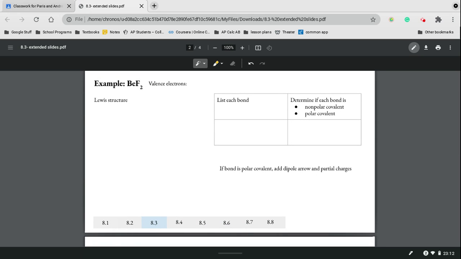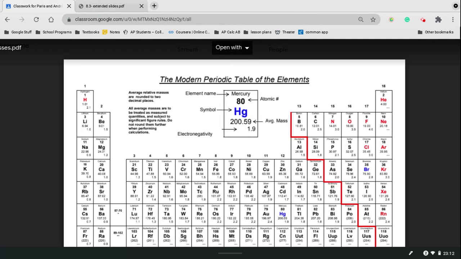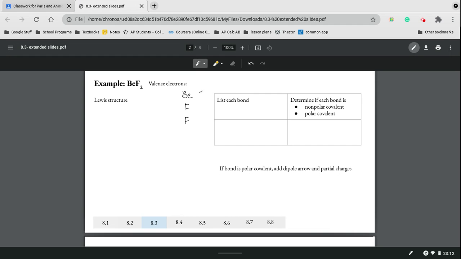So, for example, with BeF2, we have beryllium and then 2 of fluorine. And using our little trick, beryllium is in group 2, meaning it has 2 valence electrons, and fluorine is in group 17, having 7 valence electrons, and then 14 plus 2 is 16 valence electrons to work with.